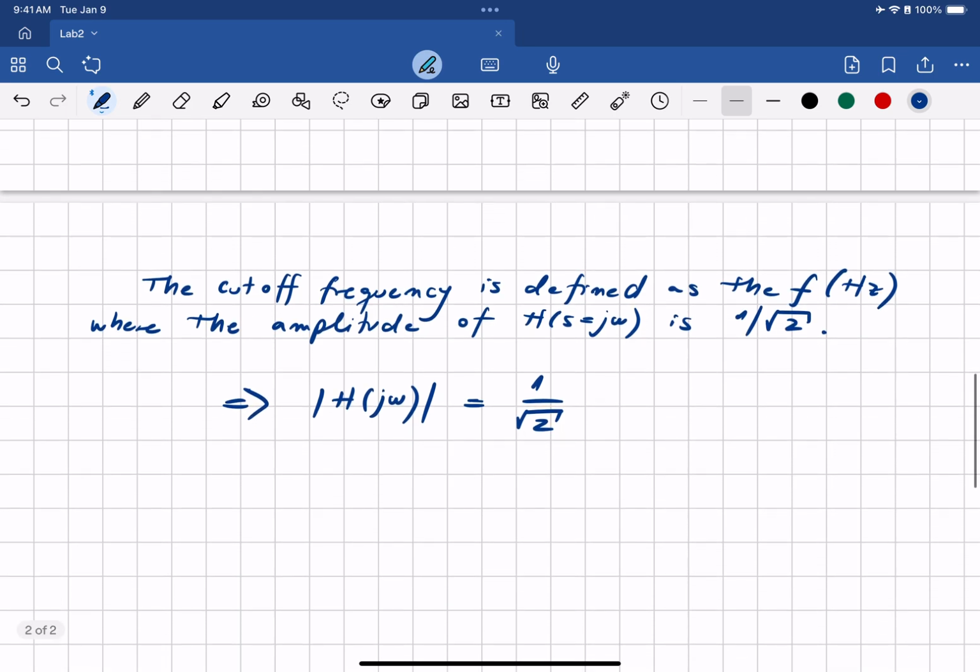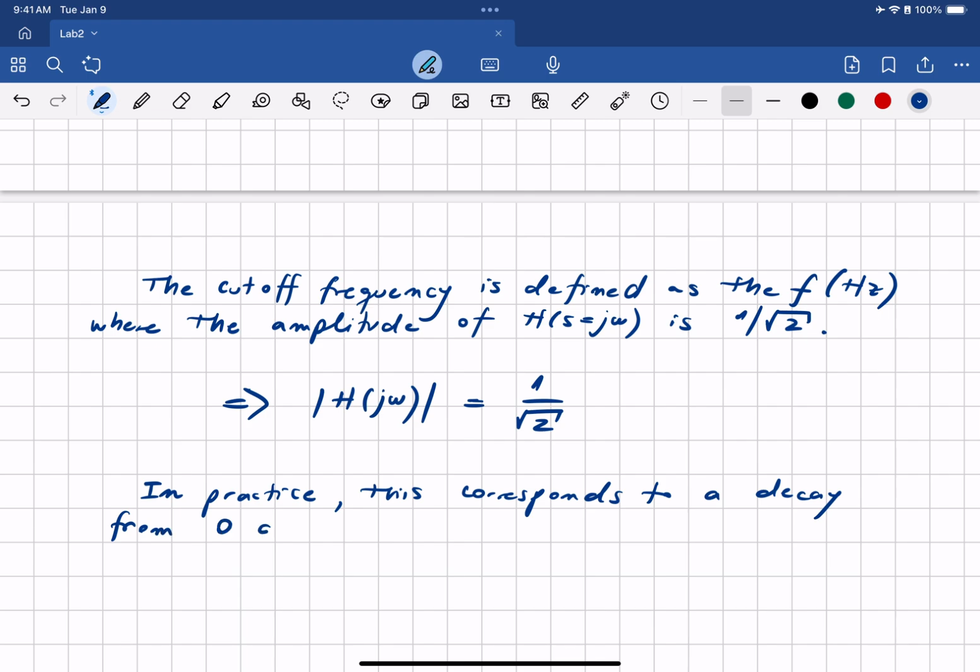So in practice, this corresponds to a decay from 0 dB to minus 3 dB.